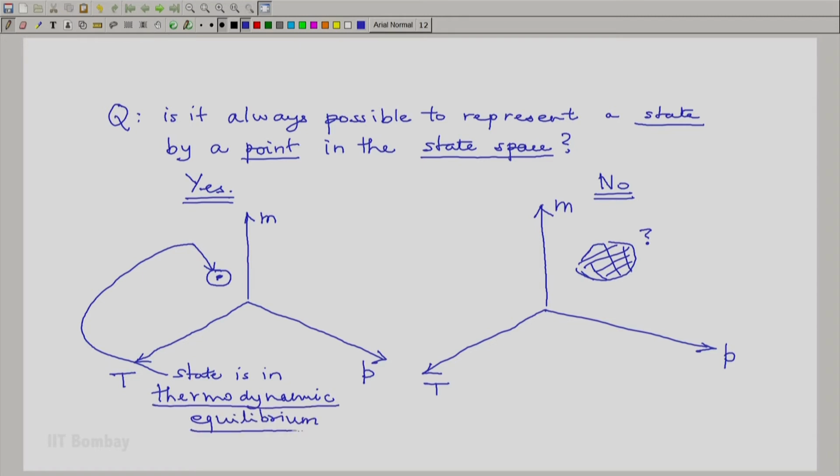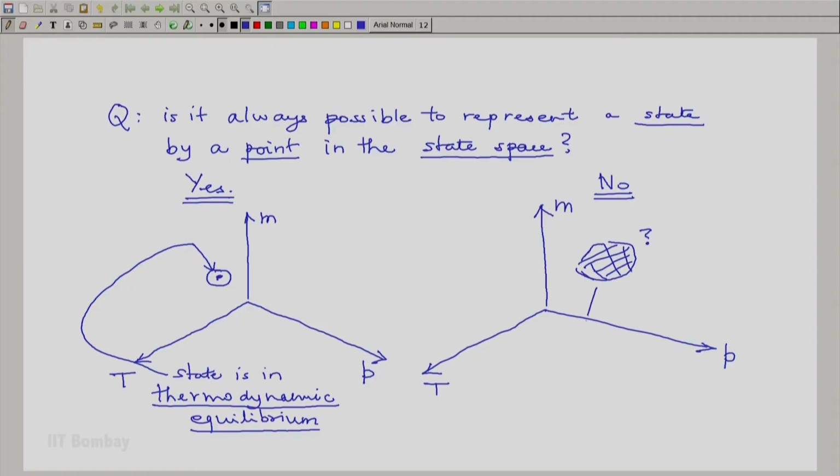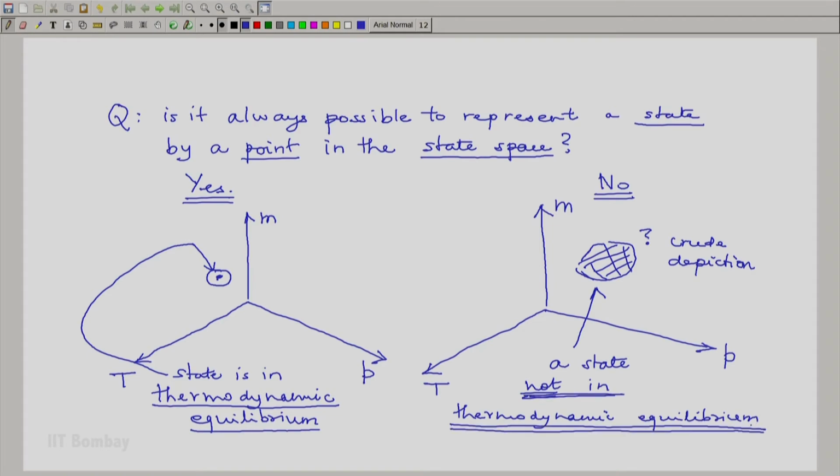We say that the state is in thermodynamic equilibrium when all relevant properties are uniquely defined, and hence the state can be represented precisely by a point in the thermodynamic state space. If the answer is no, then here we have a crude depiction of a state not in thermodynamic equilibrium.